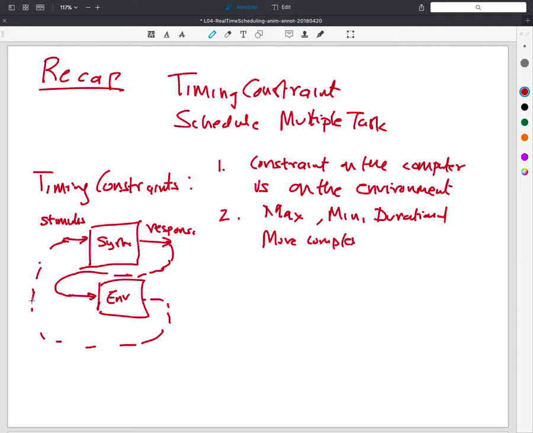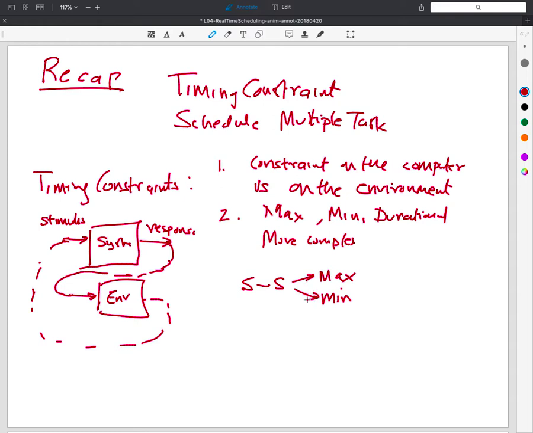And then we have talked about how, from the perspective of our system, which is what we're interested in, we can have various kinds of constraints. We can have SS, which is a constraint between 2 stimuli to our system, and they can be both max and min variety. So just to refresh our memory, can you tell me an example of each one of these constraints?